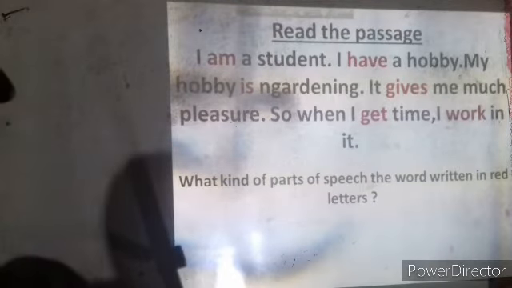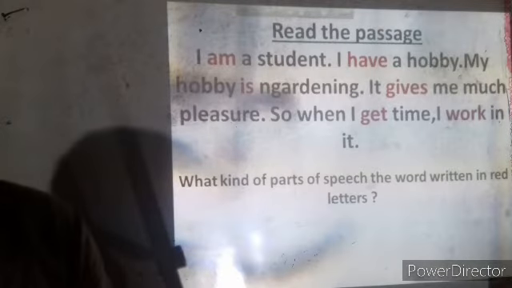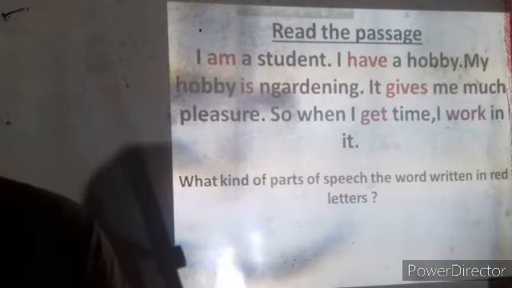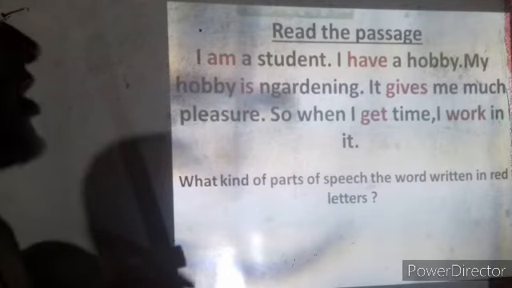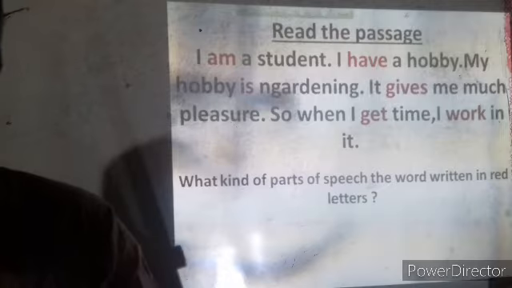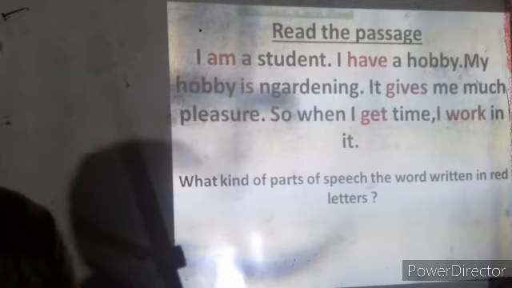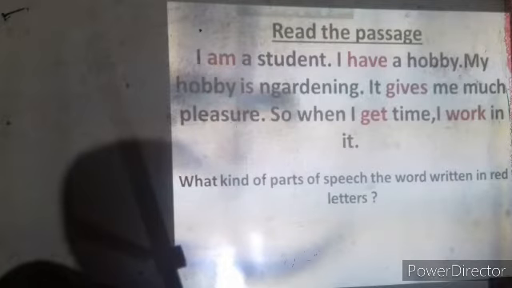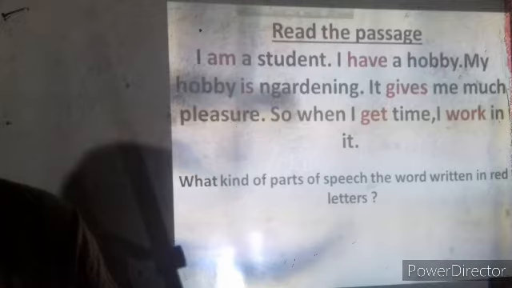Some are action verbs and some are state or condition verbs. So, what will be the definition of a verb, or what kind of words can we call verbs and why? My dear students, please listen to me. Verb means action or situation.